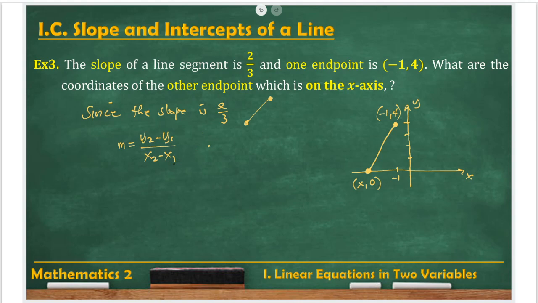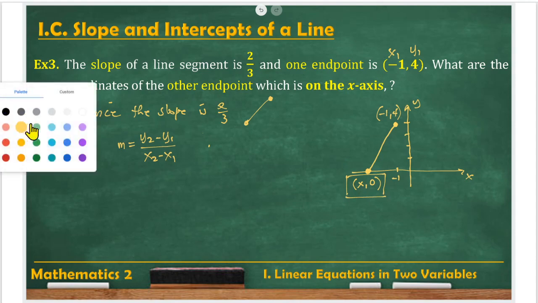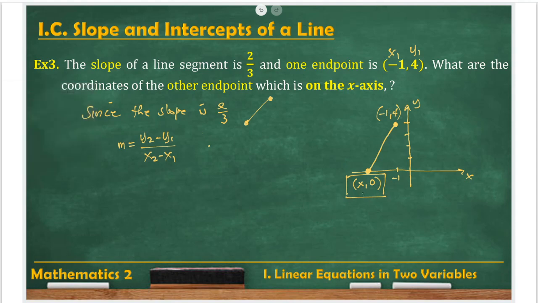Here, we assign -1 to x sub 1 and 4 to y sub 1, and for this unknown point, we assign x to be our x sub 2 and 0 to be the value for y sub 2.